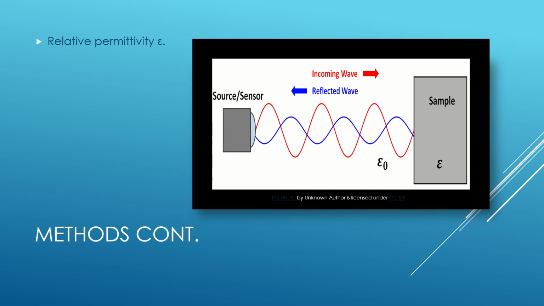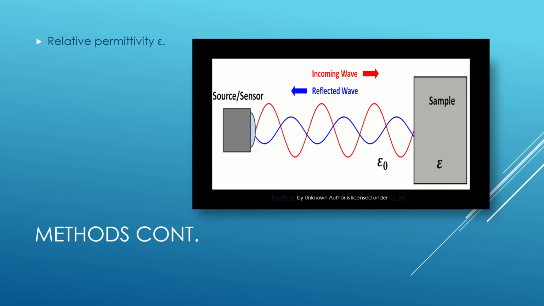Then that sample has the potential to affect the propagation of that wave. It can attenuate electromagnetic waves that pass through it, and then affect the propagation speed. So basically, how the wave propagates back to the sensor that released the energy in the first place.